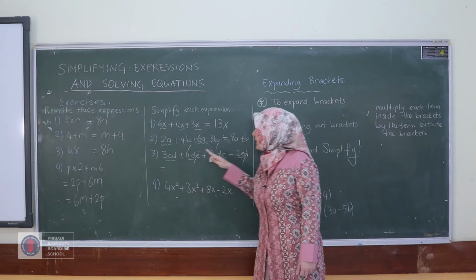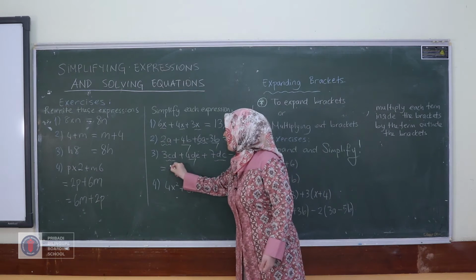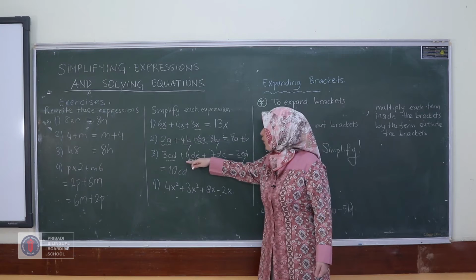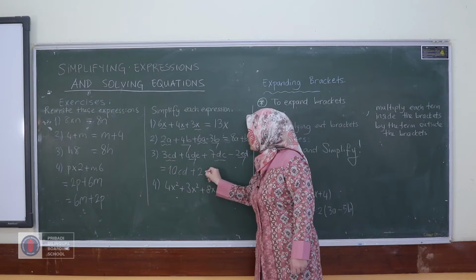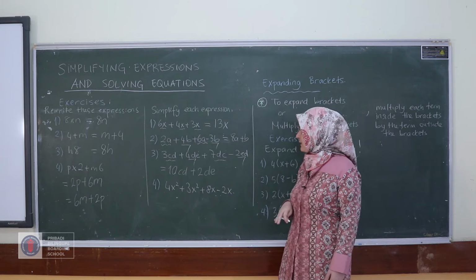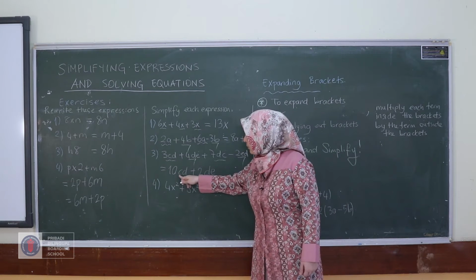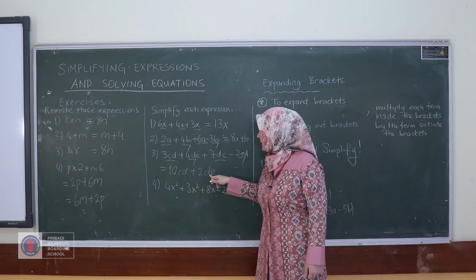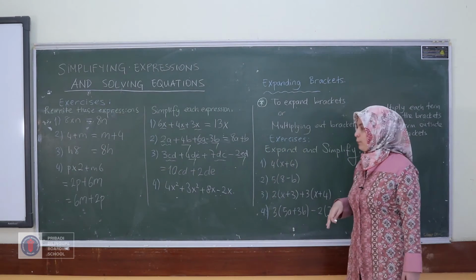So 3CD plus 7CD, 10CD. Continue. 4DE minus 2DE plus 2DE. Okay? Let's check whether it is in simple form or not. C comes before D, so C, D, and this is D, E.